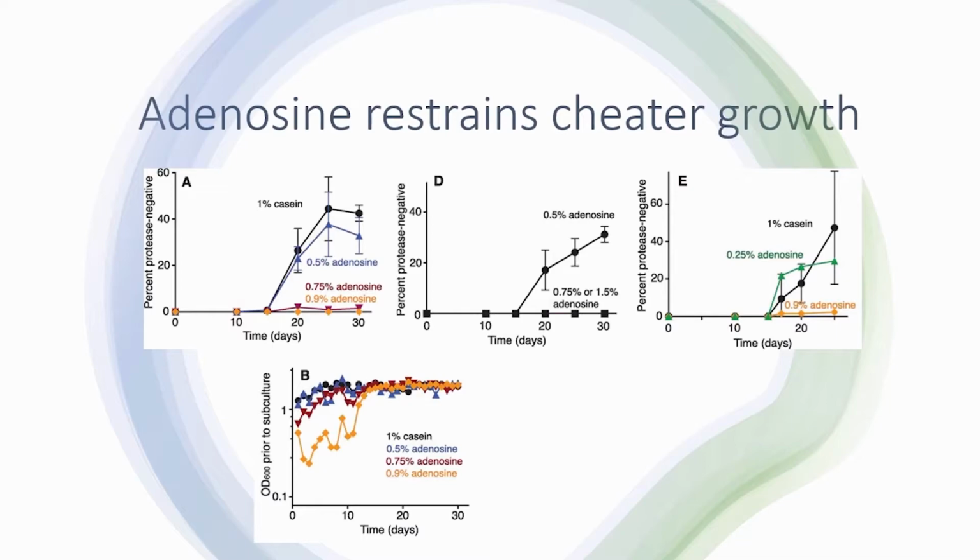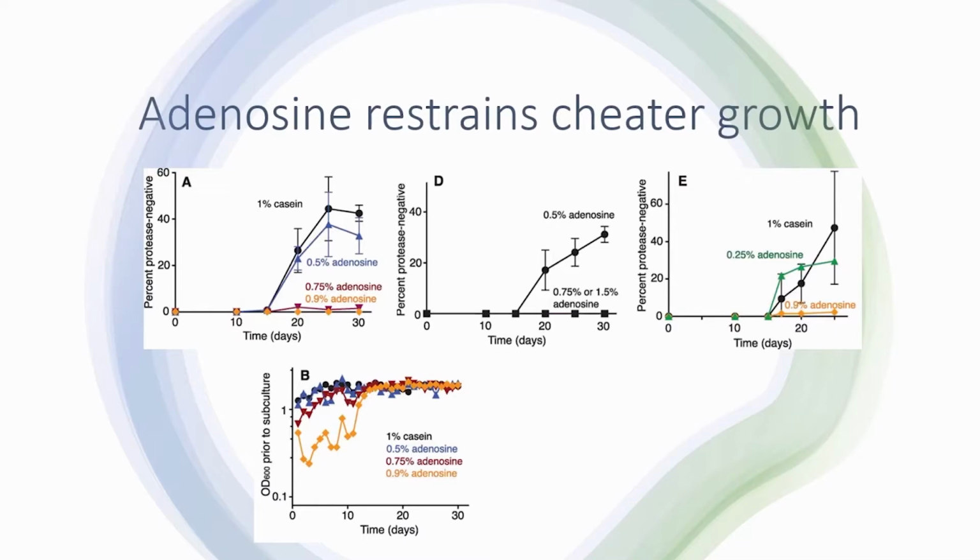But really what you need to focus on is that over time, this graph kind of plateaus together, meaning that whether it has just casein or different levels of adenosine, we see the same density and population growth over generations.